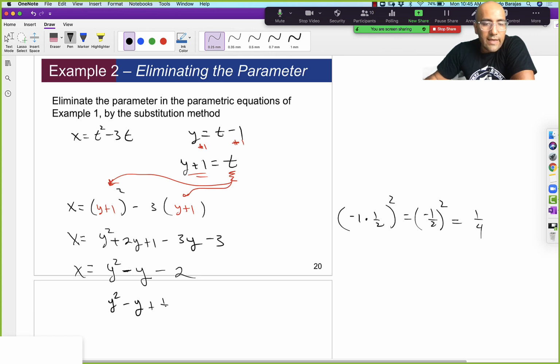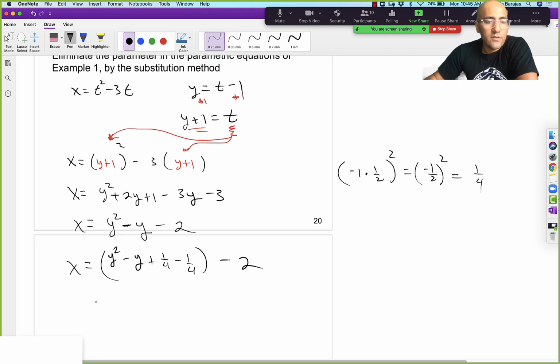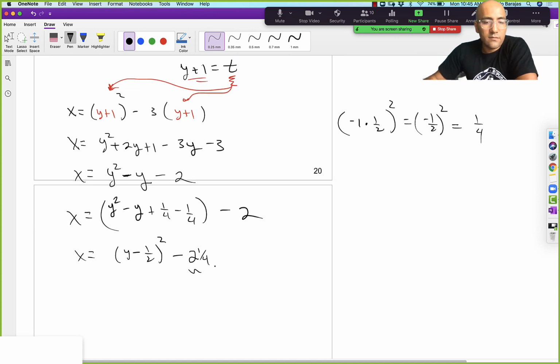So we'd want to add 1/4 and subtract 1/4, minus 2. Then that guarantees that the first 3 terms are a perfect square trinomial. And so this is going to be equal to y minus 1/2 squared. And then we have this minus 1/4 and minus 2. So that's minus 2 1/4 as a mixed number. But we don't want to leave it mixed. So x equals y minus 1/2 squared minus 9/4.